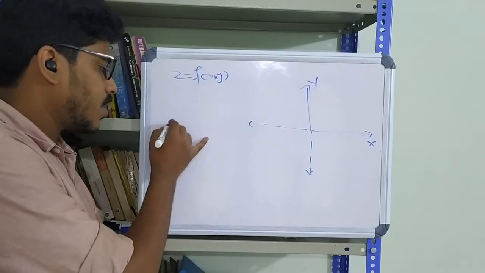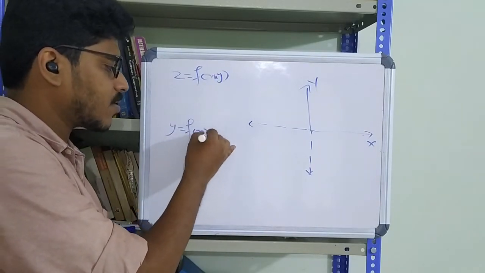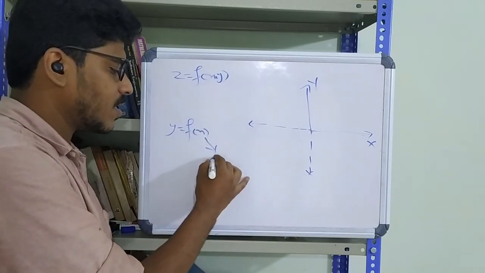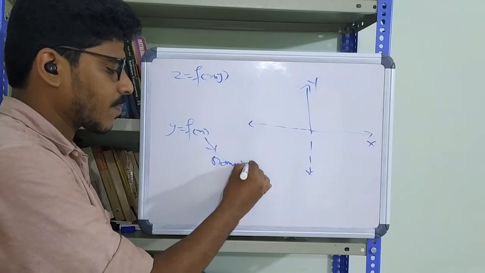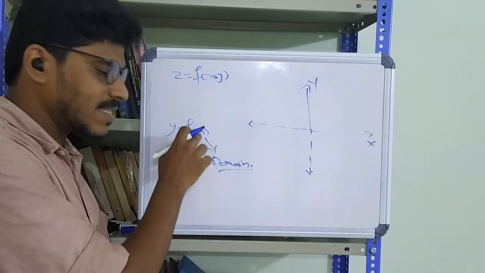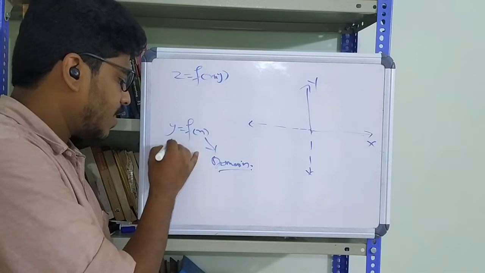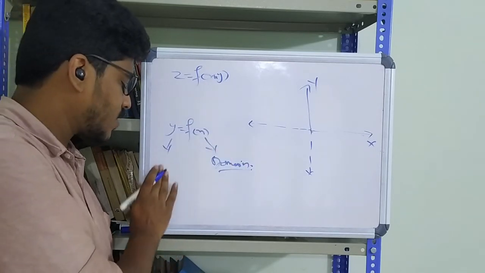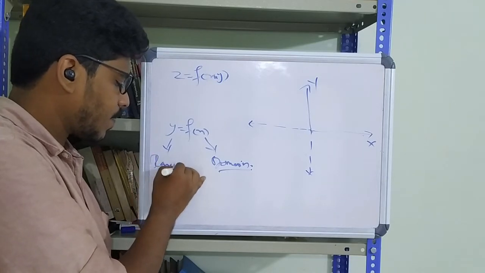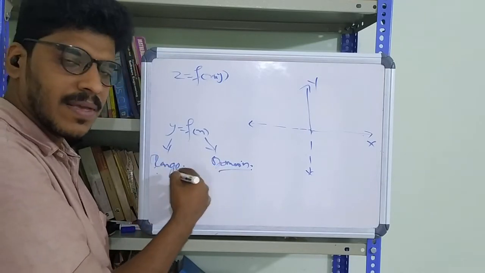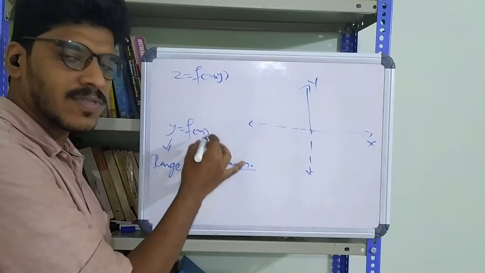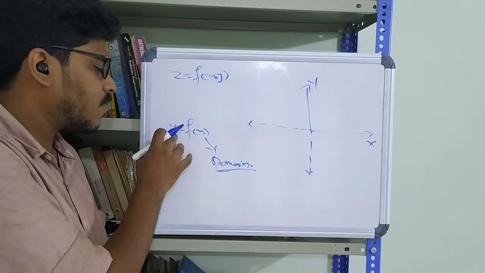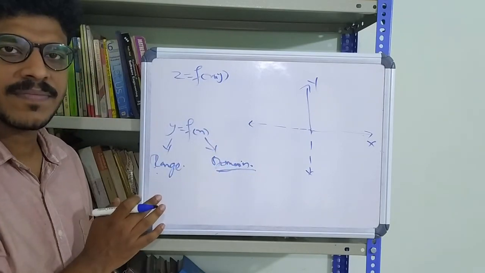I hope you remember. If we have a single variable function like y equal to f of x, the set from which x takes values is called the domain, and the set of all y's corresponding to each of these x's from the domain is called the range. So these both are sets.